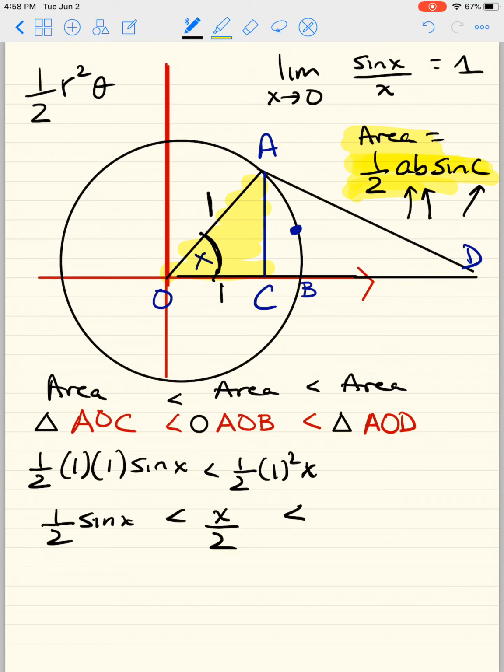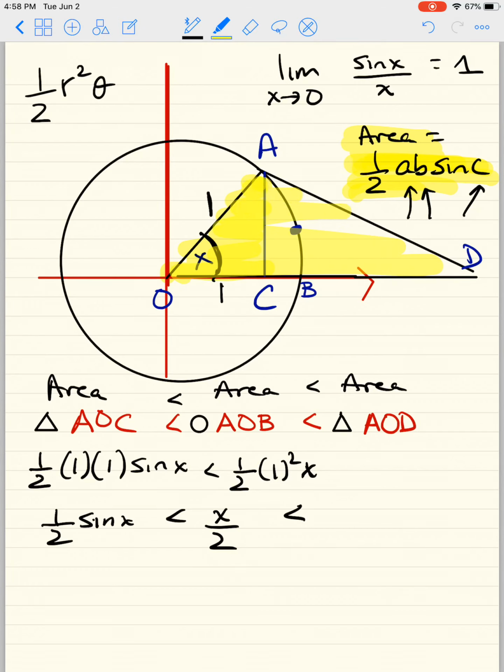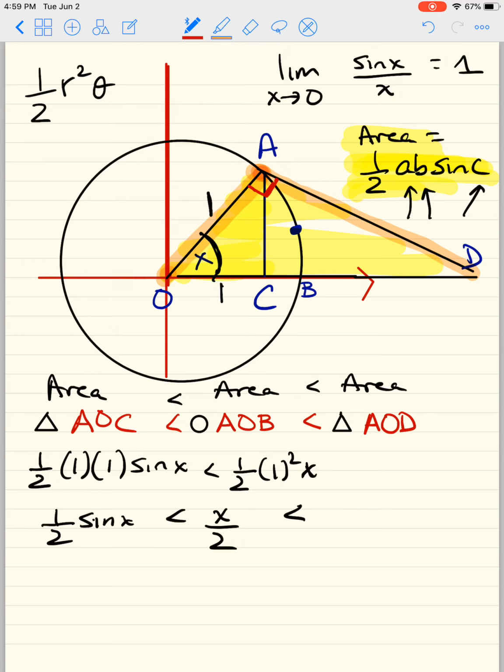The triangle AOD, which is going to be this big guy, I'm just going to highlight all of it. Well, once again, the area of a triangle is 1/2 AB sine C. So I hope everybody remembers the circle theorem, but basically when you have a radius, which I'm highlighting right here in orange, that meets a tangent line, in other words, it meets at exactly 1 point, then at that point, there forms a 90-degree angle.